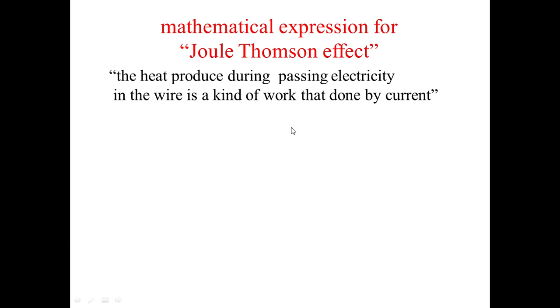On the basis of this statement, we can write W is equal to Q, this is electrical work. And as we know, Q is the amount of charge that passes during that work. So we know that Q is equal to IT. By putting this Q is equal to IT, we get work or heat is equal to VIT.